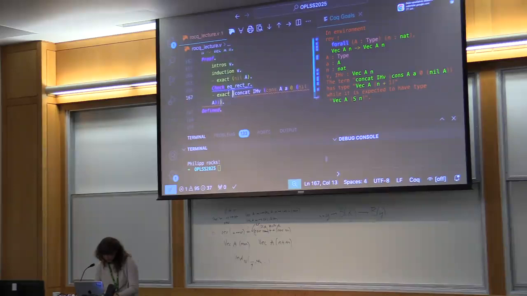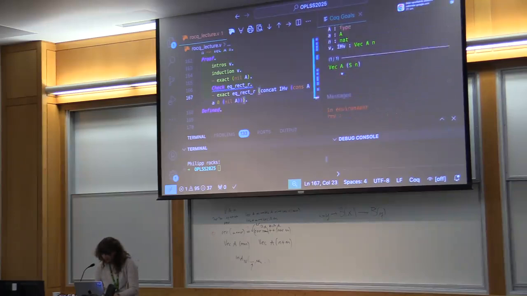It's called eq_rect_r, and then I want to give it the type family, I think.